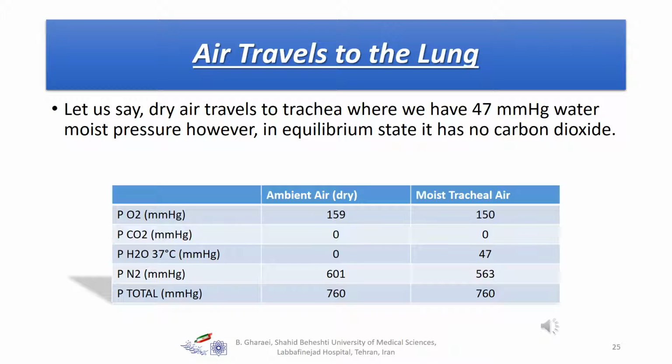So this partial pressure of water is subtracted from the 760 total pressure, and the remaining part would consist proportionally of oxygen, which would become 150 millimeters of mercury, and 563 millimeters of nitrogen.